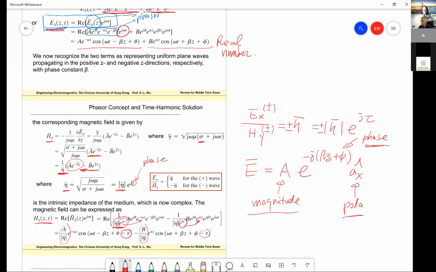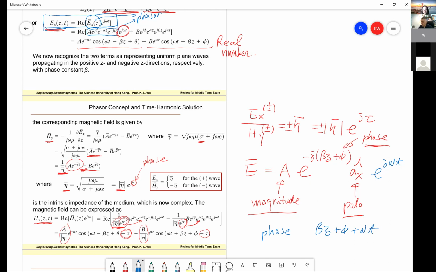Don't forget, we have another thing to keep in mind. This is also part of the phase. Overall, the phase part is determined by omega, beta z, plus phi, plus omega t.